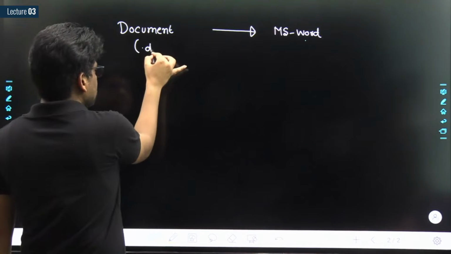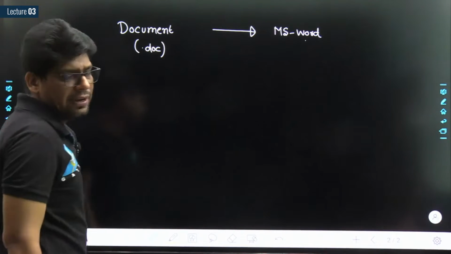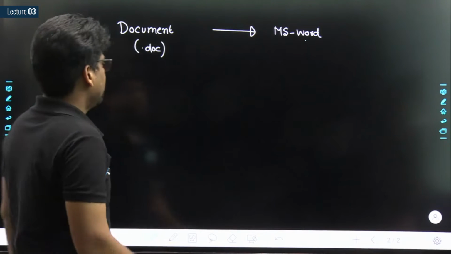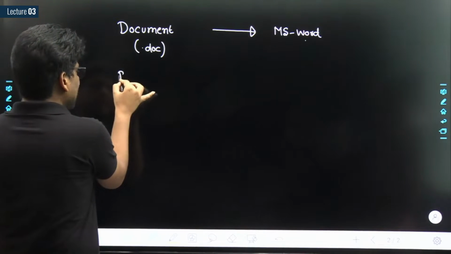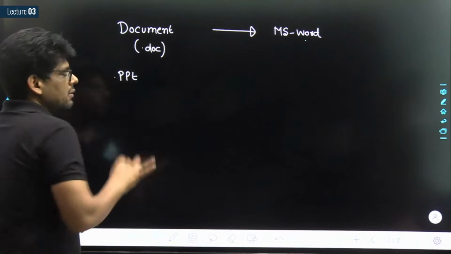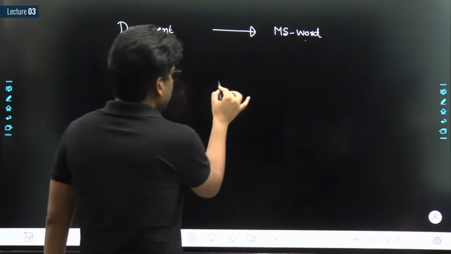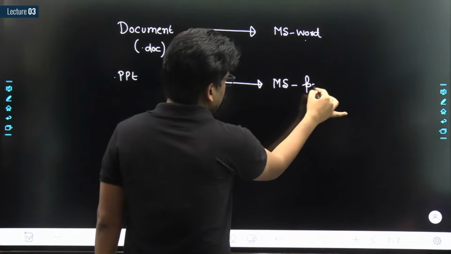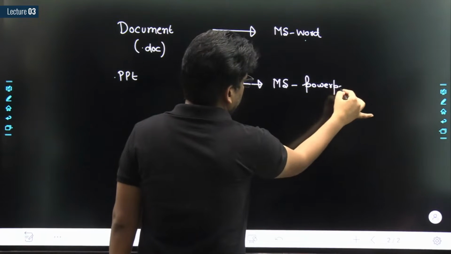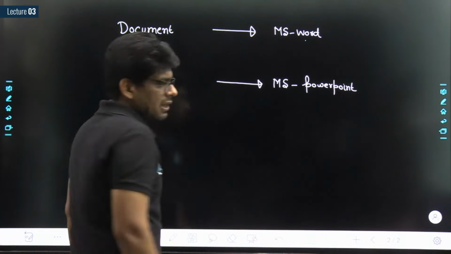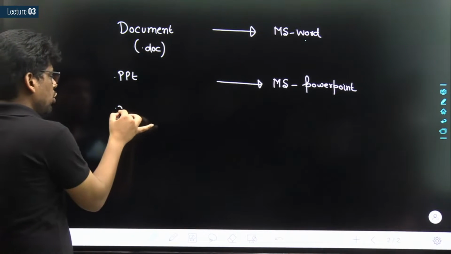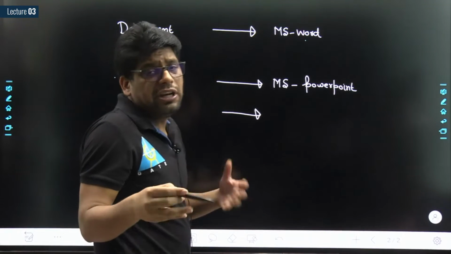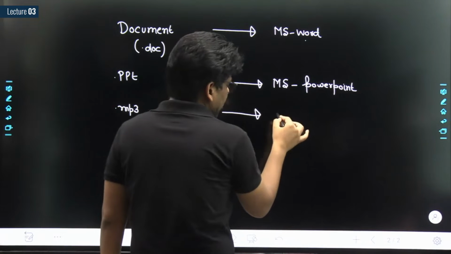If I need to design a PPT, what do I need? Sir, you need another software called Microsoft PowerPoint. Sir, for .mp3, that means songs, what do we need? We need a software like Winamp. Am I right?